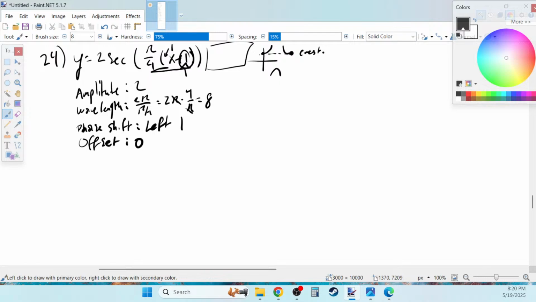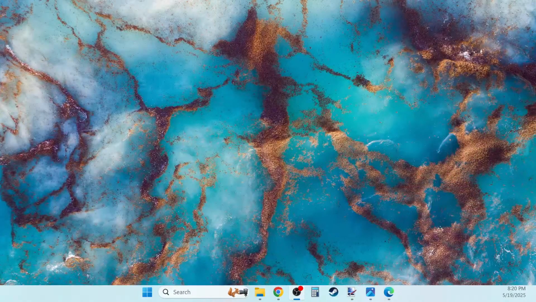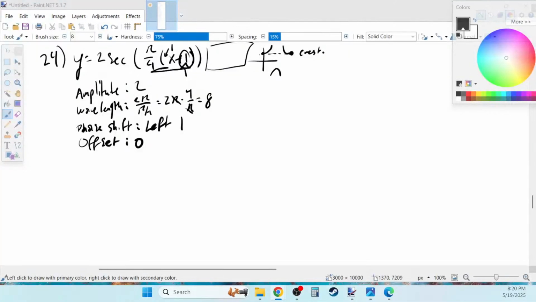Now that we have all of our features and we know the shape of the basic graph, after we do that, we can start graphing. So the first step of the actual graphing is offset, which is just y equals 0.